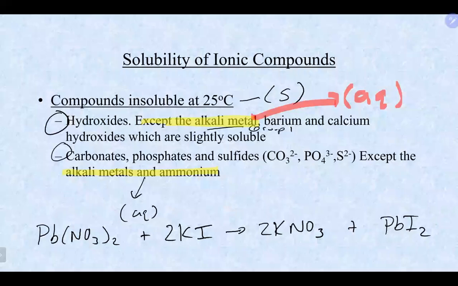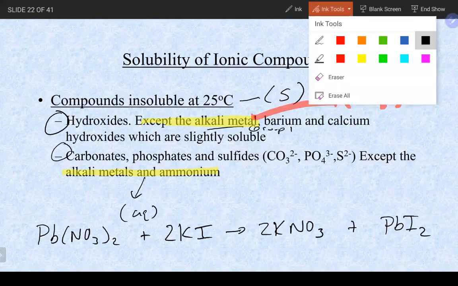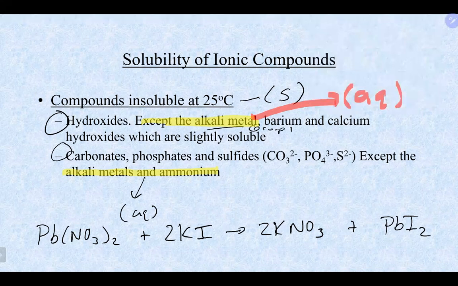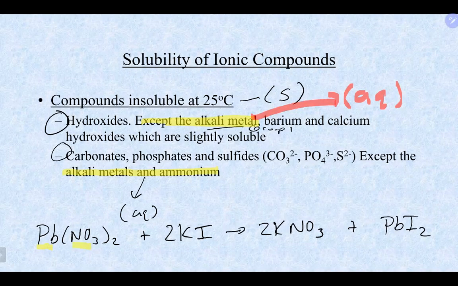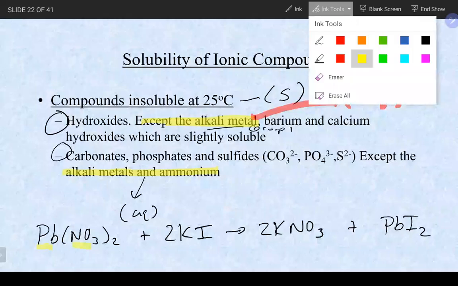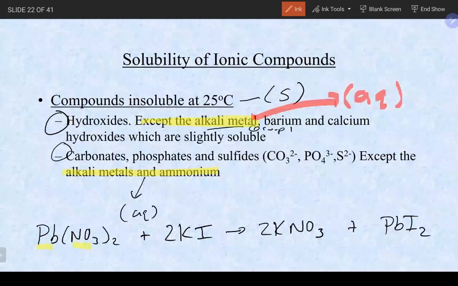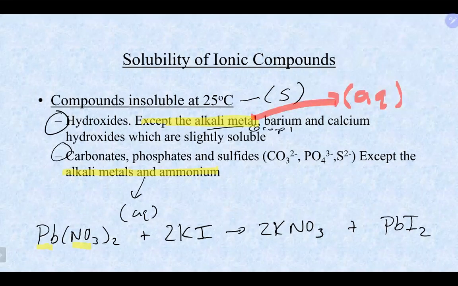So for example, if we were to use our solubility rules here on the earlier equation, when we look at the very first one, although we may not find lead, we do find nitrate, and nitrate is on the previous slide, right? And nitrate is soluble in everything, which means there's no exception, which means that this one again should carry the aqueous symbol.